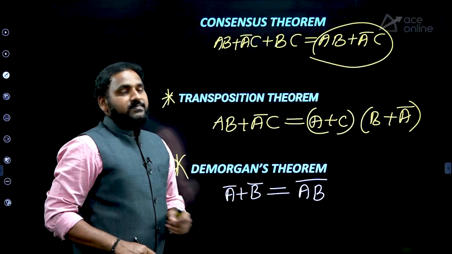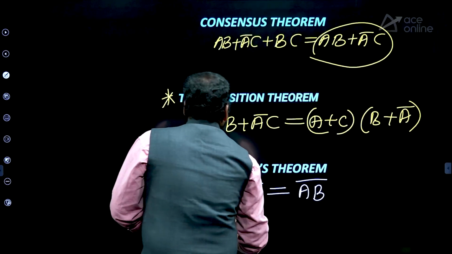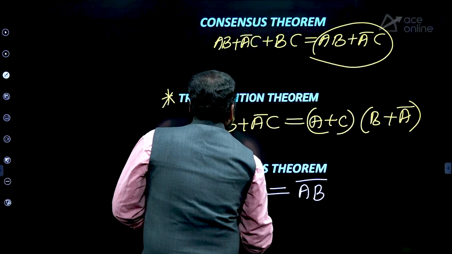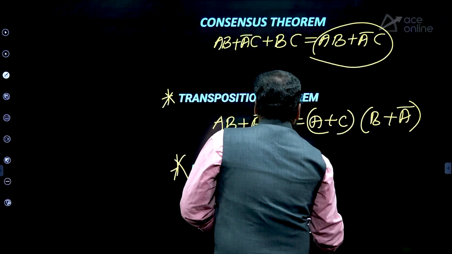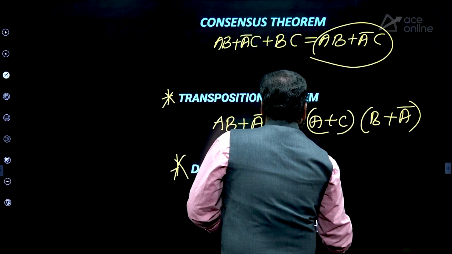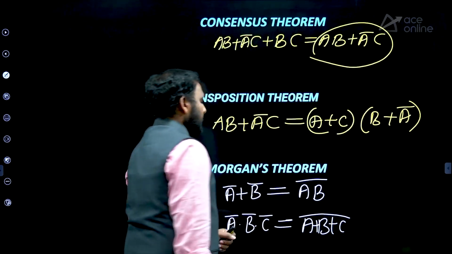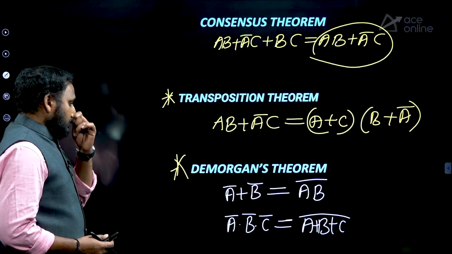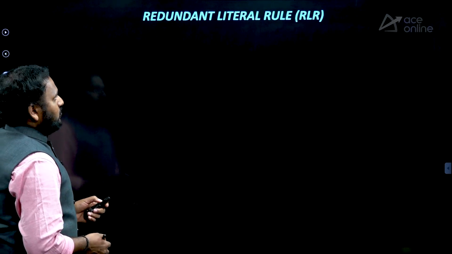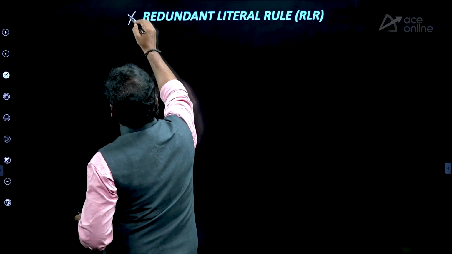It is a type of adjustment. Similarly, A bar dot B bar dot C bar we can write as A plus B plus C whole bar. Right? So, very, very important.